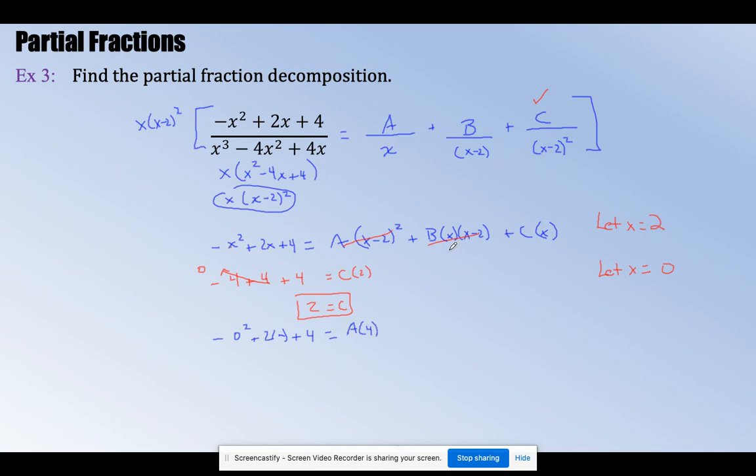And then who gets terminated this time? You put 0 into here, put 0 into here, bye. So what does a equal to? Yay. How am I going to find that b, gosh darn it?